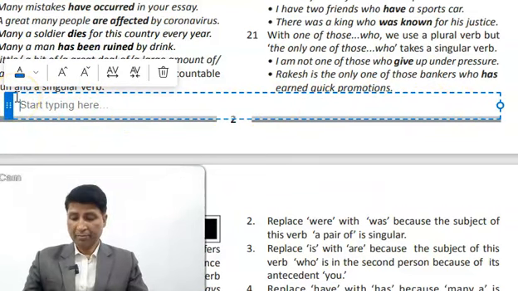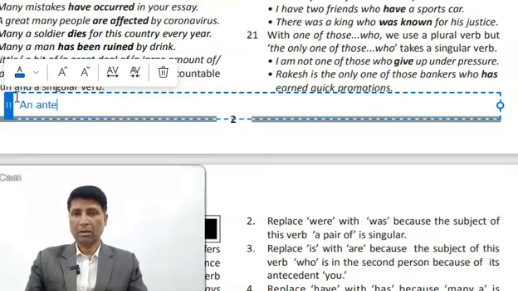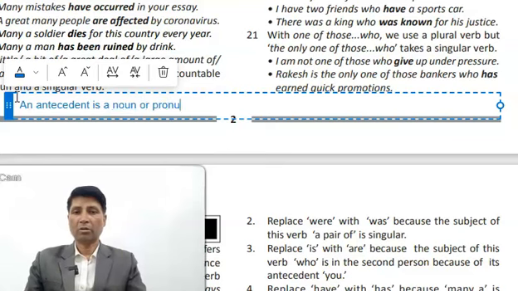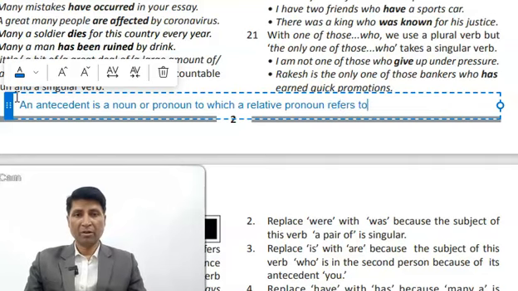We can say an antecedent is a noun or pronoun to which a relative pronoun refers.